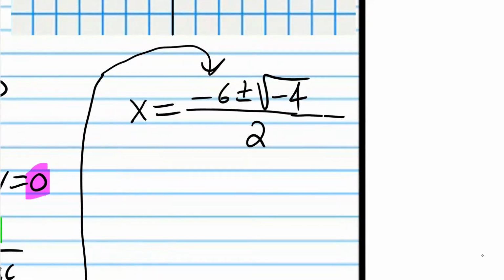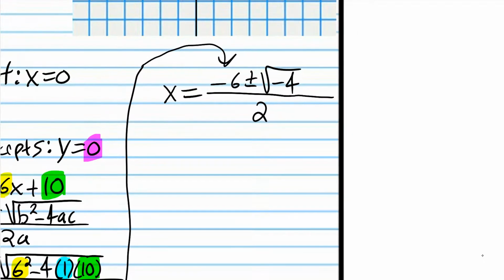And that's what I meant when I said that this quadratic expression, when you graph it, doesn't have any x-intercepts. Because when we try to find the x-intercepts, we see that the solutions are imaginary.